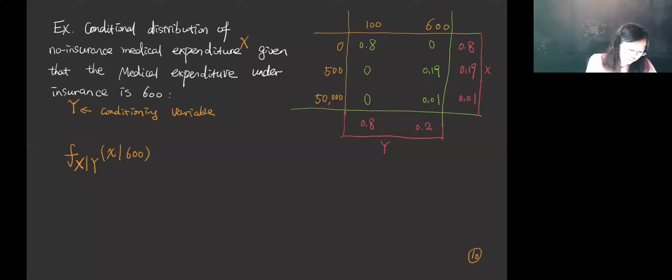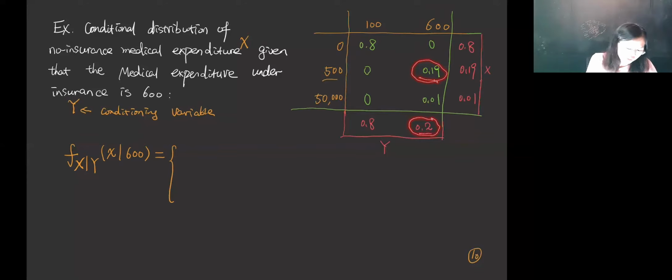So x has two values. The probability that x equals 500, given that y equals 600, is given by the joint probability 0.19 divided by the marginal of the conditioning variable at the value 600, which is 0.2.